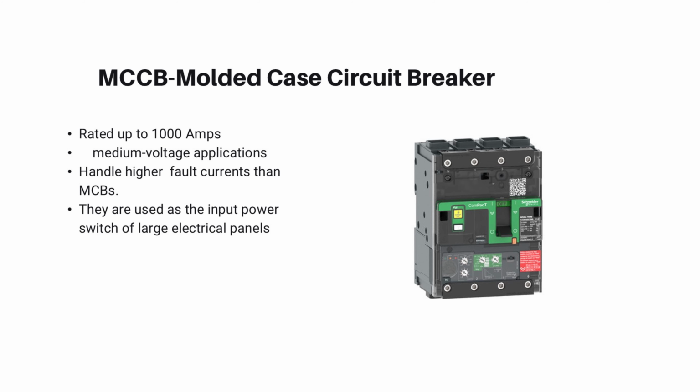You can adjust the current at which you want the MCCB to trip. For example, you can say for this particular system, I want the MCCB to trip at maybe 135 amps or 500 amps. We will talk more about MCCBs when we do the calculations and the selection.